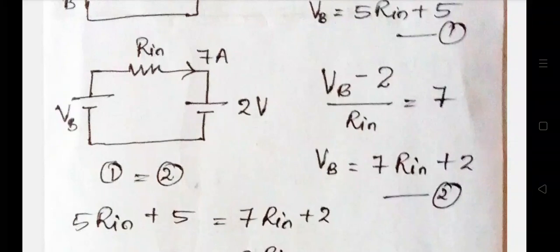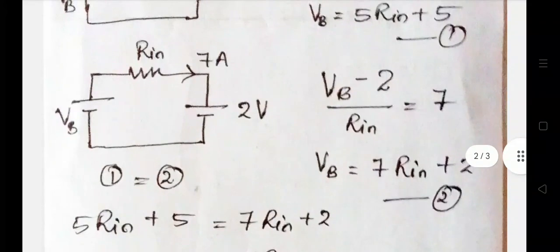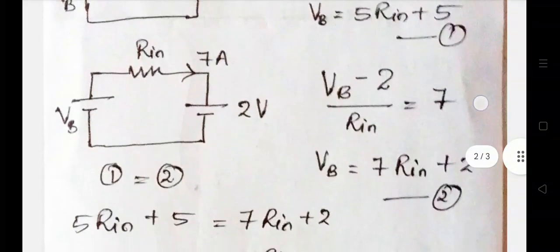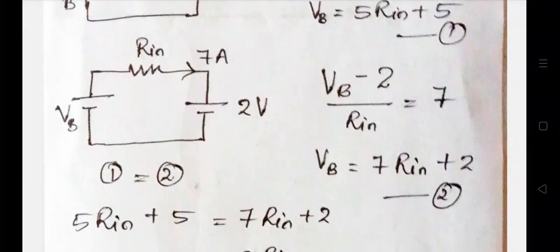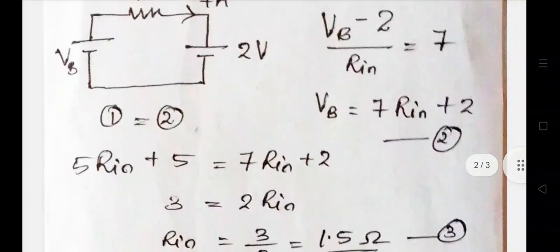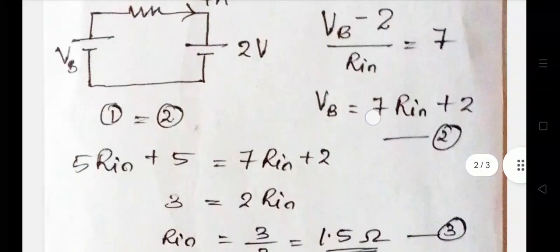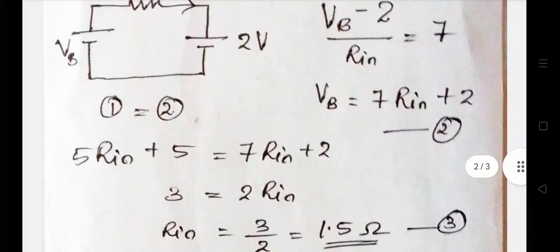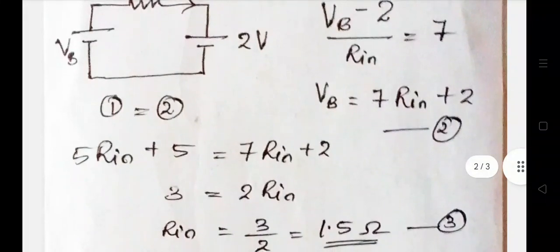The current is flowing from VB to 2 volt, so we wrote VB minus 2. Voltage divided by resistance is current, so we divide by the internal resistance and get the current as 7 ampere. Rewriting, VB equal to 7 R in plus 2. This is the second equation.